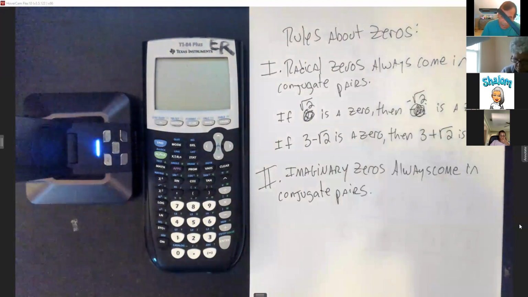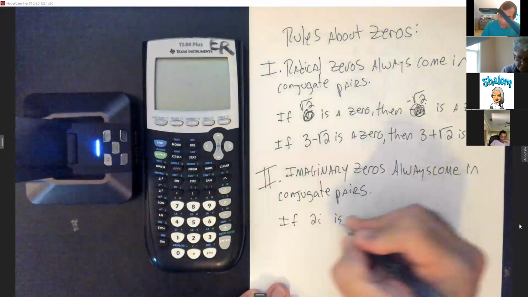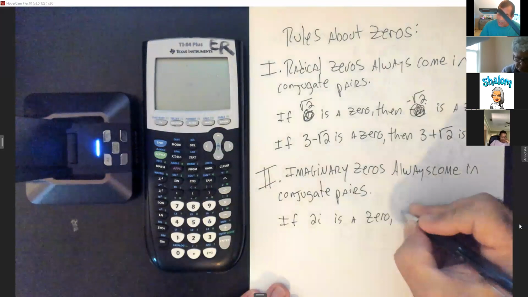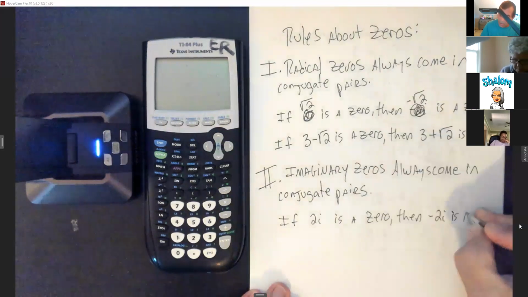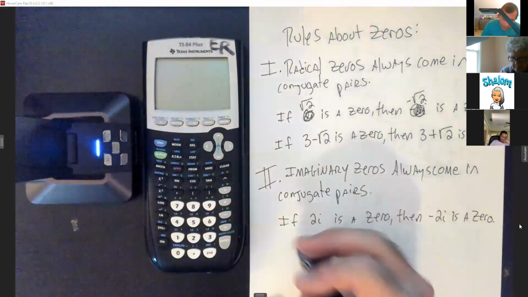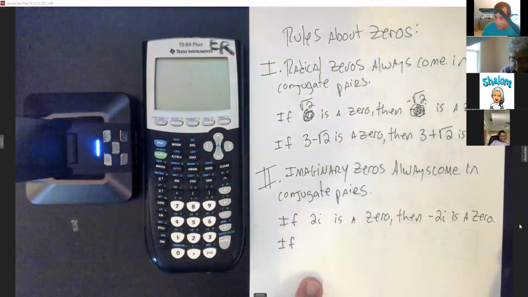If 2i is a 0, then -2i is a 0 also. And I can make them look like complex numbers.